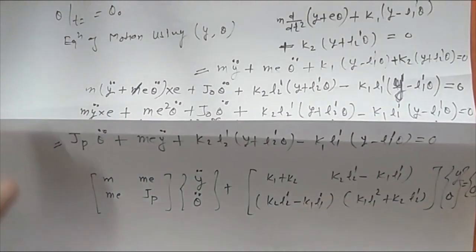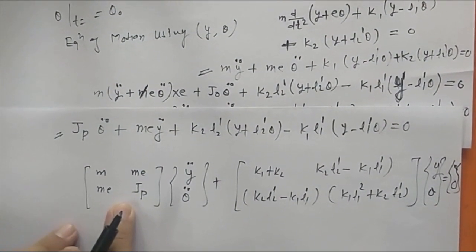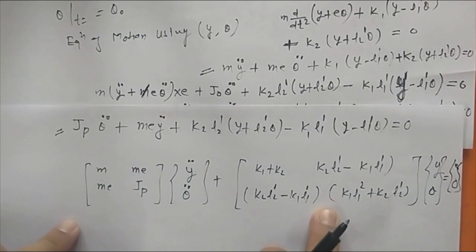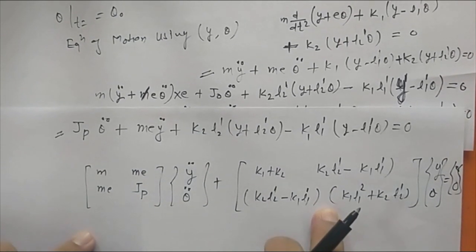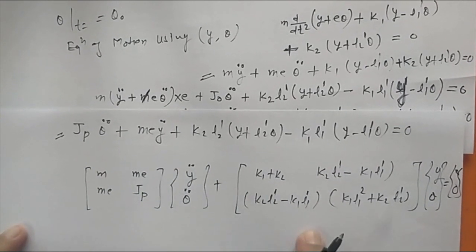So from this matrix we can say the mass matrix is a non-diagonal matrix. This is also a non-diagonal matrix. So we can say these two equations are coupled dynamically as well as statically.